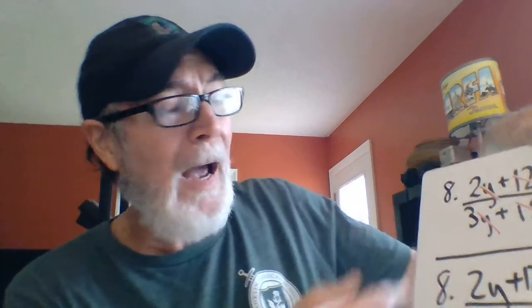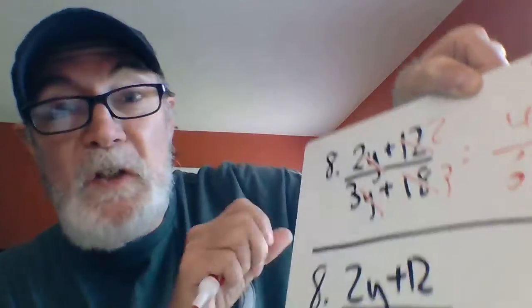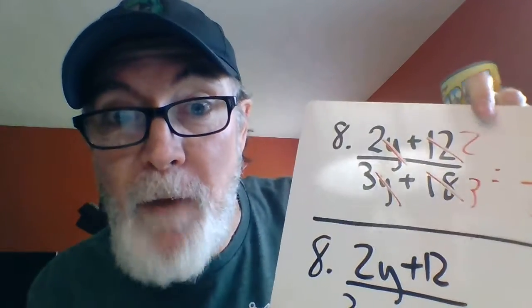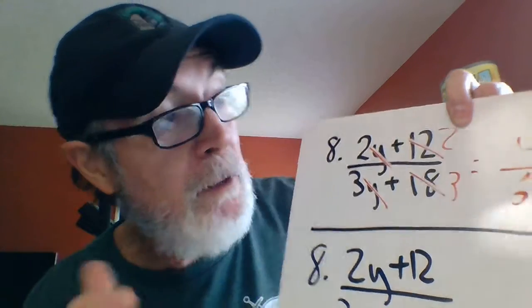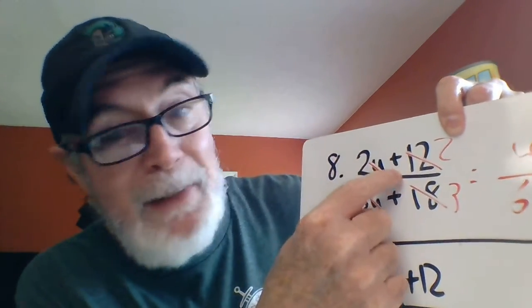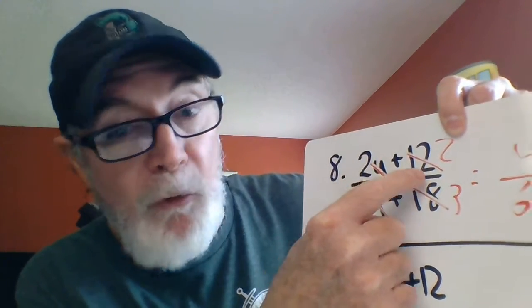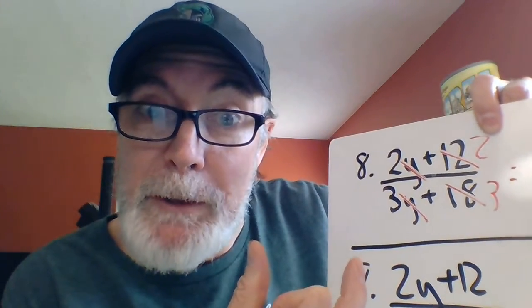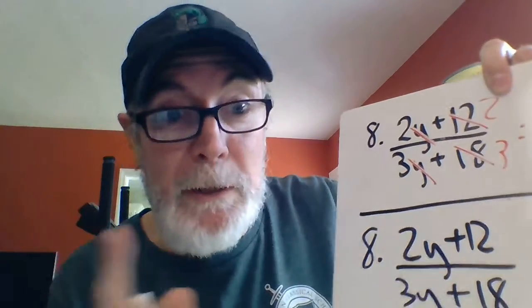Oh, and that reduce. I mean, no. You can't do it. You can cancel factors, but you can't cancel things that aren't factors. And you see that plus sign there between these two terms, 2y and 12? That means they're married to one another. You can't just start cutting pieces of them out. No, you cannot do that.